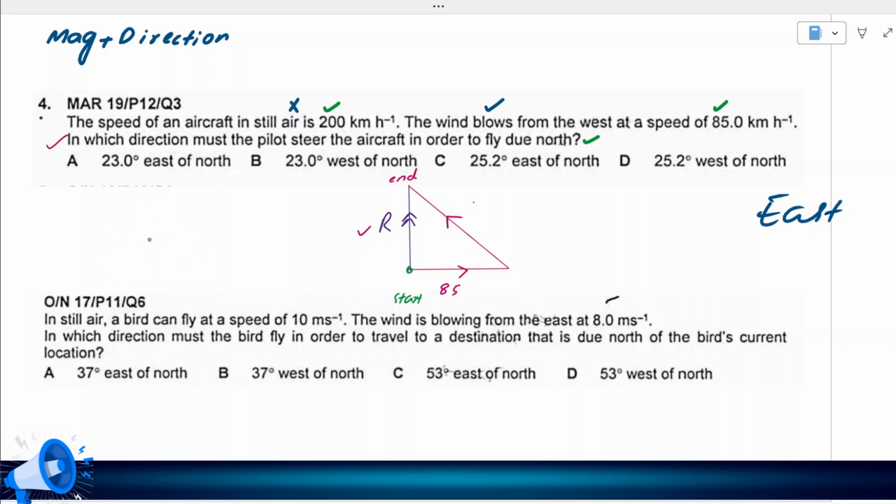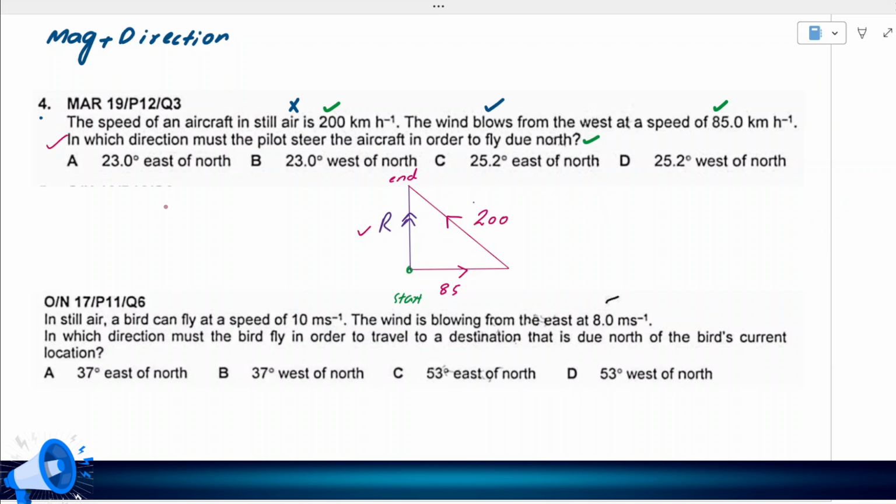But in this case, we draw the first vector and then we draw the resultant, because we know the direction of the resultant, and then we join the second vector. And what is the magnitude of this one? The magnitude of this vector is 200, the speed of the aircraft. And now it makes sense also.